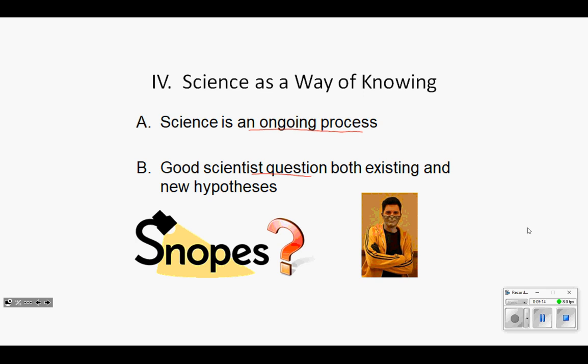It's always good to look at people who are out there trying to question these existing hypotheses, sort of like Snopes here. You can go on to Snopes and ask the question, hey, is this article I saw really true, to verify it?